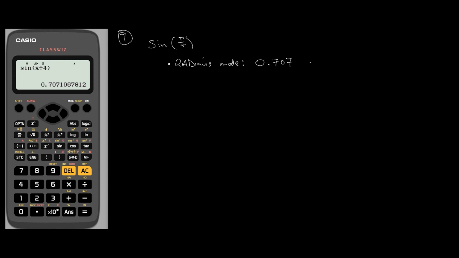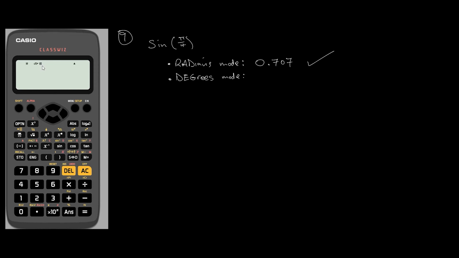Okay. And that is correct. What if I was to have the calculator in the incorrect mode here? So I'm going to find out what happens when I put it into degrees mode. Okay, so I'm going to clear the decks, shift, setup, angle is number 2. I'm then going to set it into degrees mode, so I hit 1 here, of course, so I hit 1. Okay, clear. You'll notice D has appeared now in the little box there.